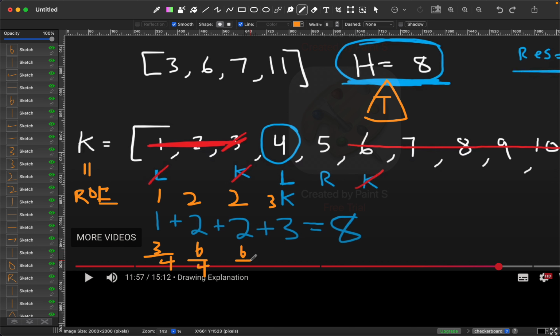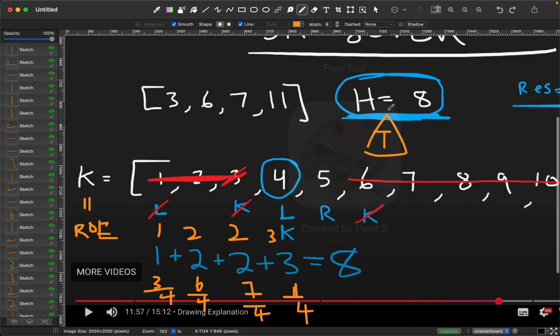This is 7 for a different number, then 11 is around 2 point something, so we just round up. So 1, 2, 2, 3, 5, 7, 8, so a total of 8 hours to finish, which is exactly our target.